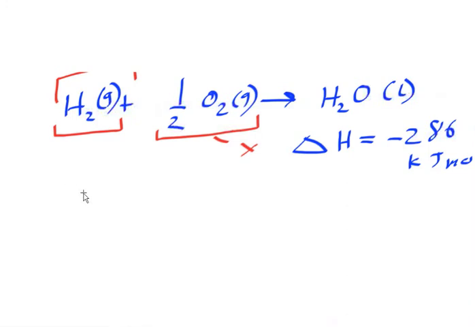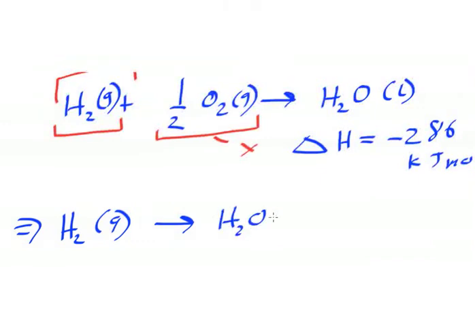So the first thing I need to do is get the H2 all by itself. And I can do that by moving the half O2 onto the other side. So this H2 goes to H2O as a liquid. And when I move the half O2 to the other side, it goes from being positive to being negative.